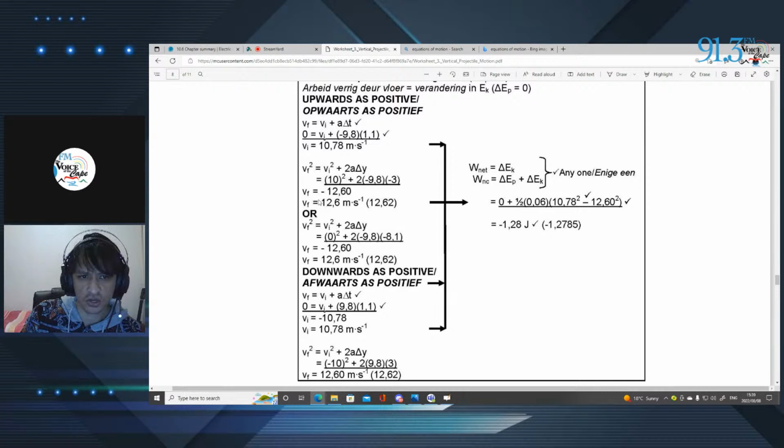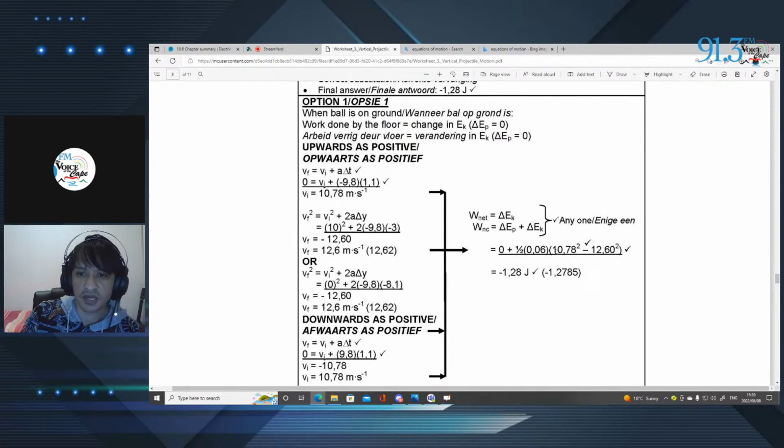And here they give us an answer of 12.6 meters per second. So now we have our two values available. We have our final velocity and we have our initial velocity, right, which is perfect. Now we can go ahead and plug this information in here.